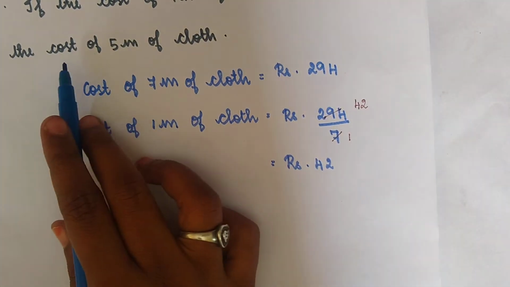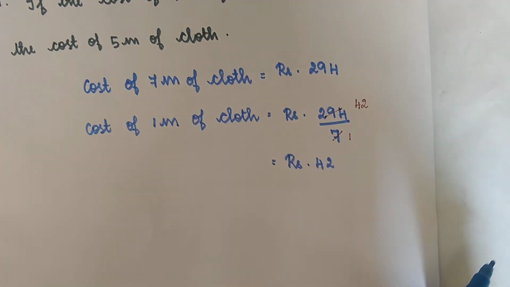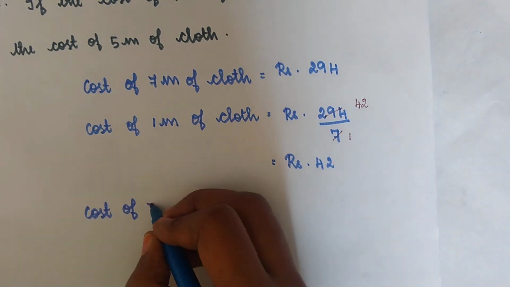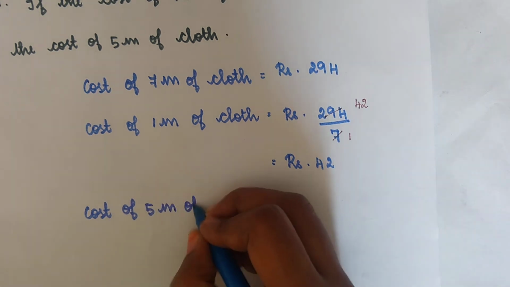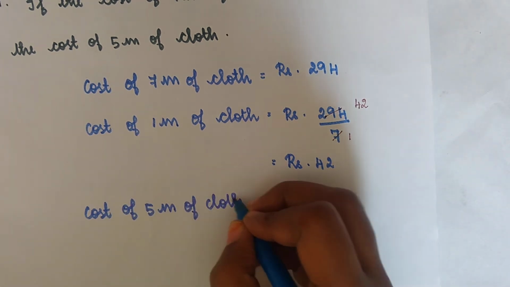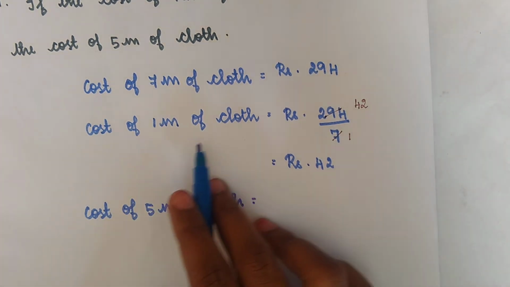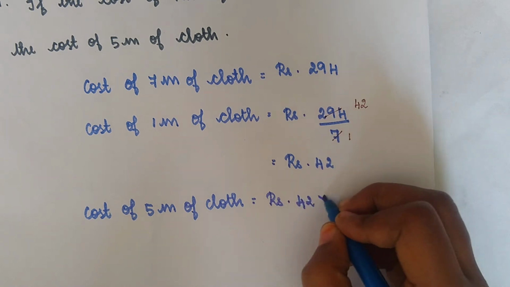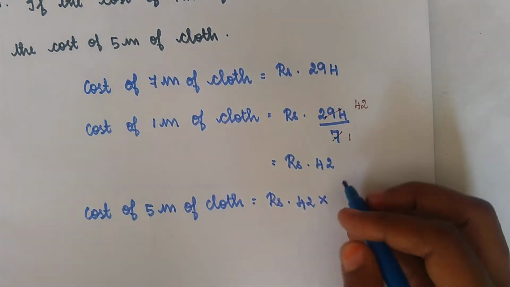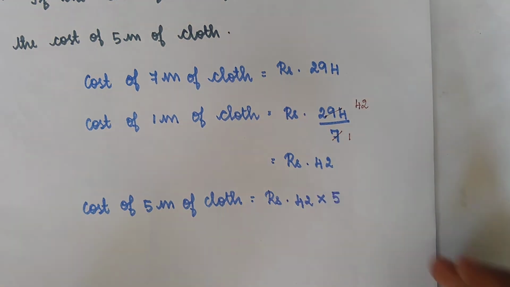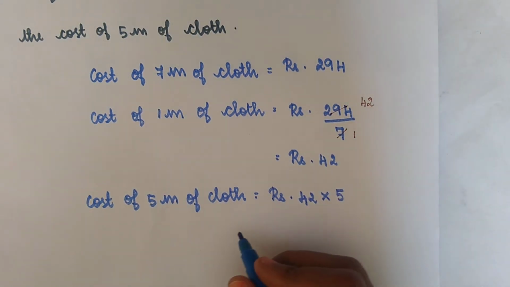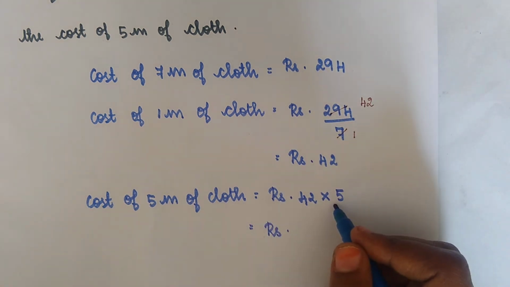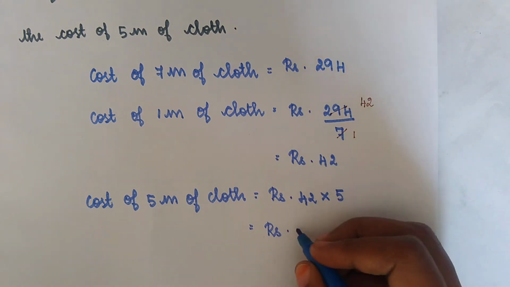Then we have to find the cost of 5 meter of cloth. So, therefore, cost of 5 meter of cloth is equal to the cost of 1 meter of cloth, 42 rupees. 5 meter of cloth means we have to multiply by 5. So, we multiply these two numbers 42 and 5, we get 210.